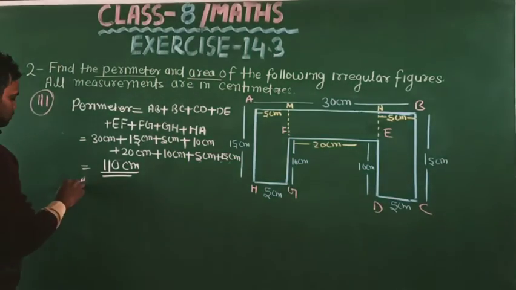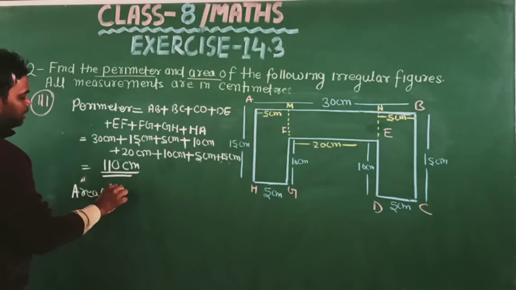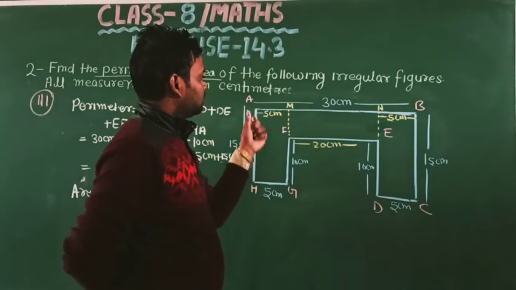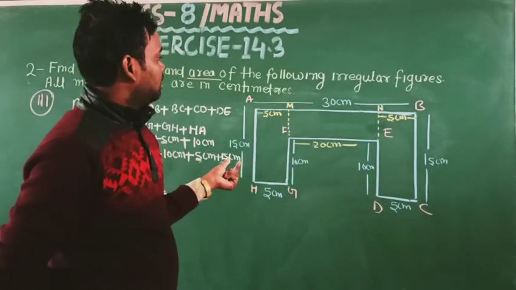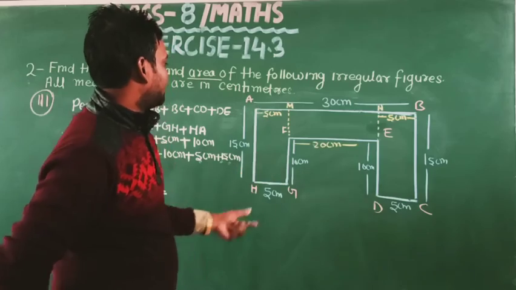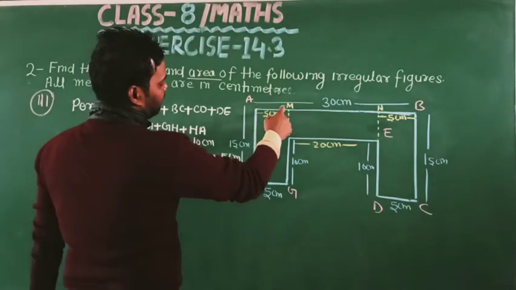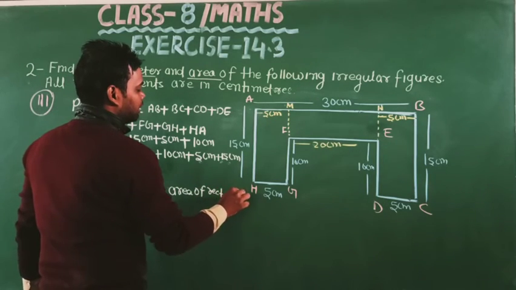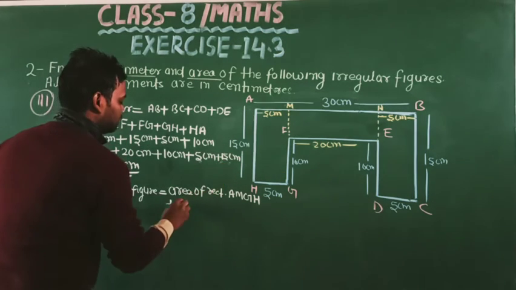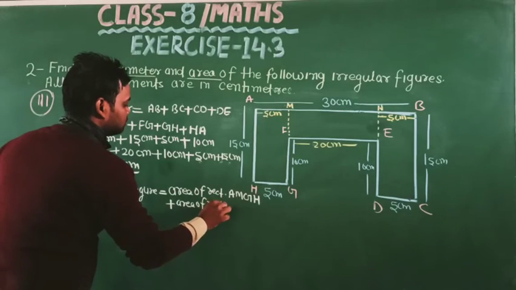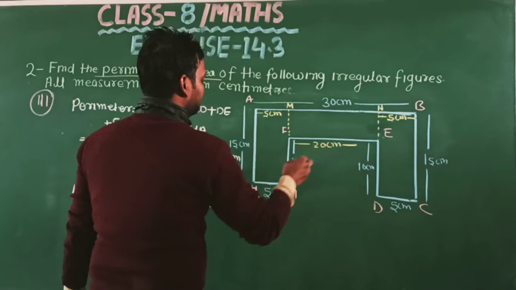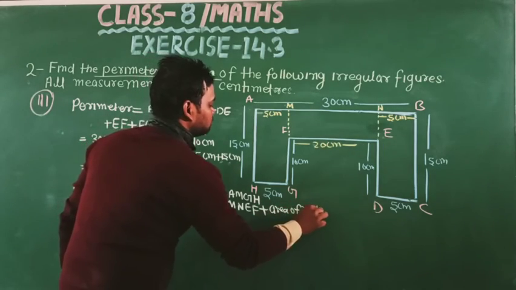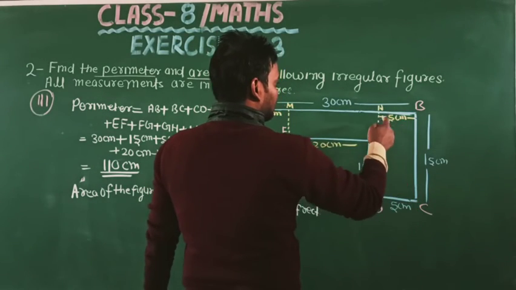And area of the figure is calculated by area of rectangle AMGH plus area of rectangle MNEF plus area of rectangle BCDN.